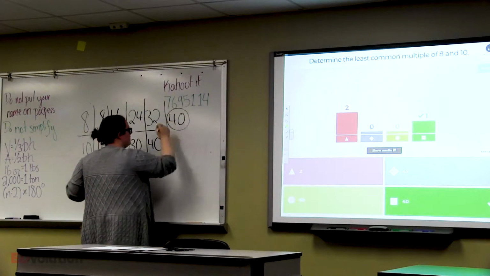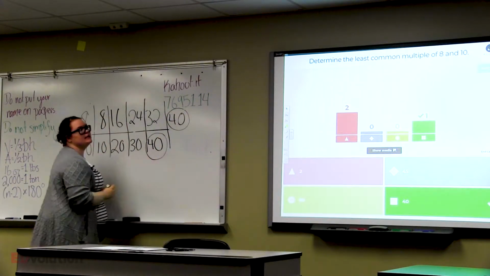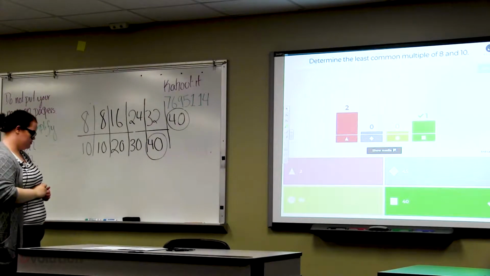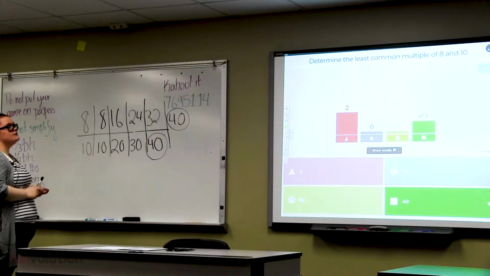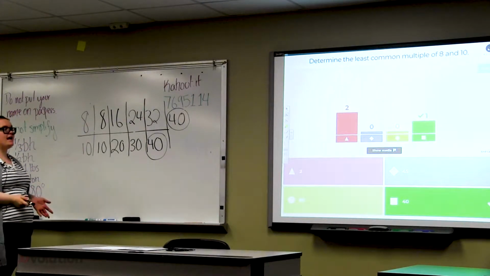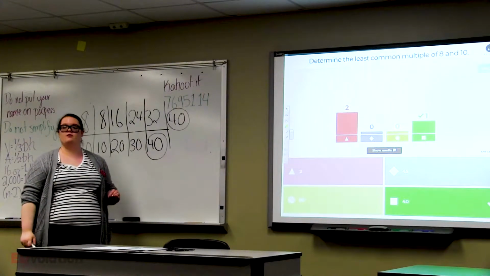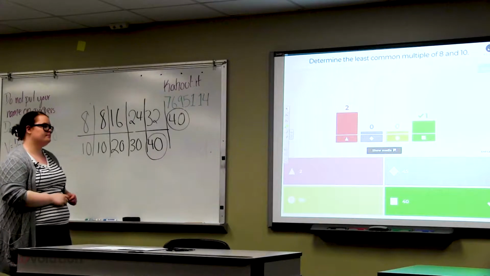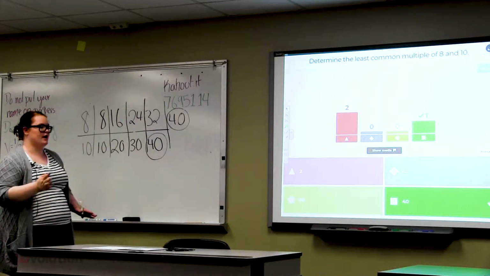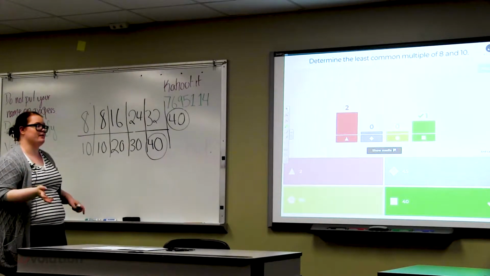So 40 is our least common multiple. Yes, both numbers go into 80 as well, but we're looking for the smallest number that they both go into. So that's why you might not want to use the guess and check method on this.